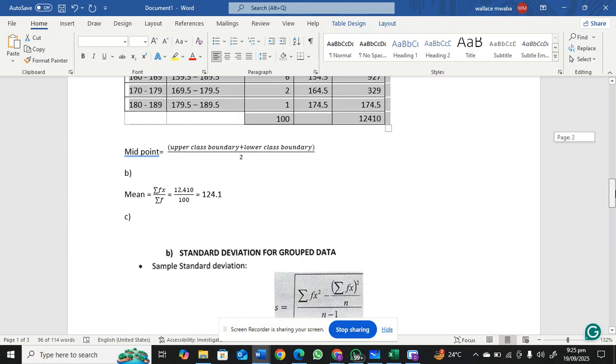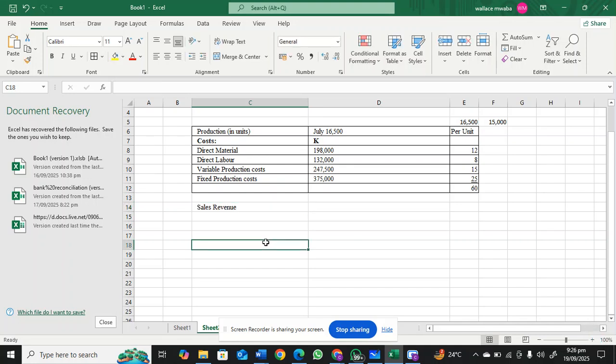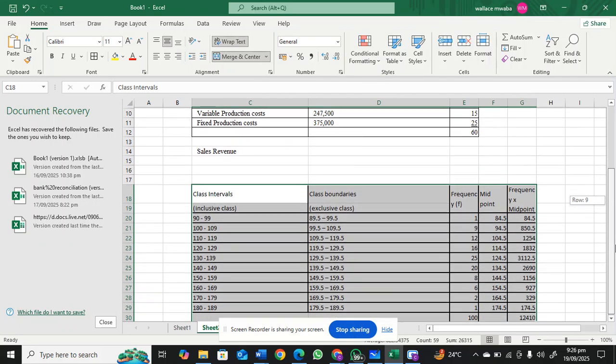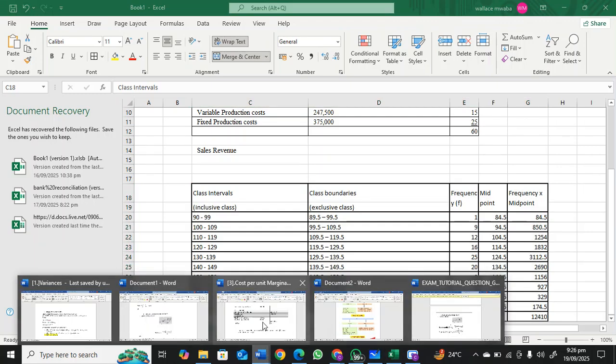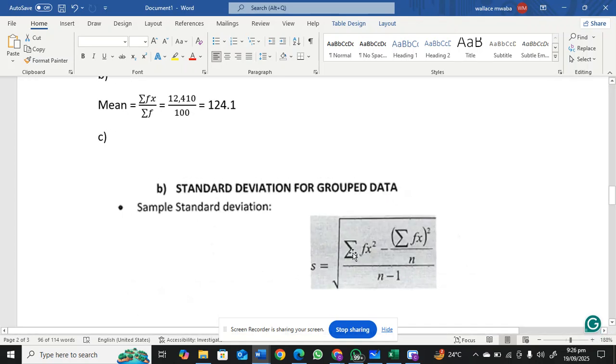All right, so we take this to Excel. As we can see, the formula for the standard deviation says the summation of the frequency multiplied by the midpoint squared, where x represents the midpoint, minus the summation of the frequency times the midpoint, then you square that, divided by n, which is the total frequency.